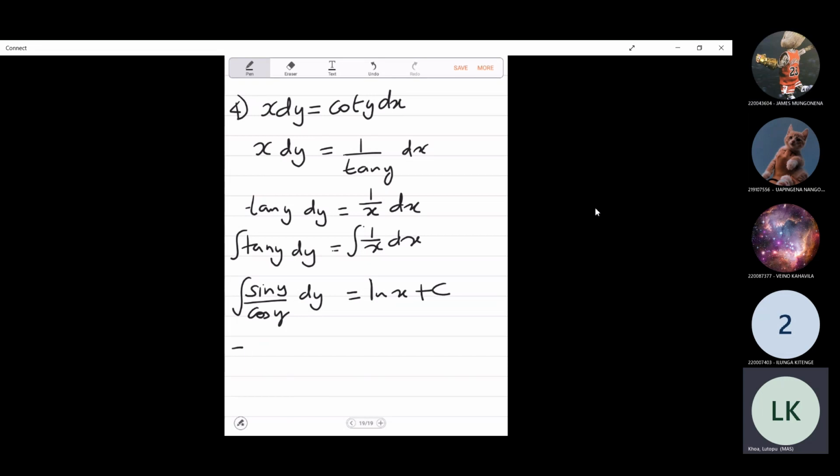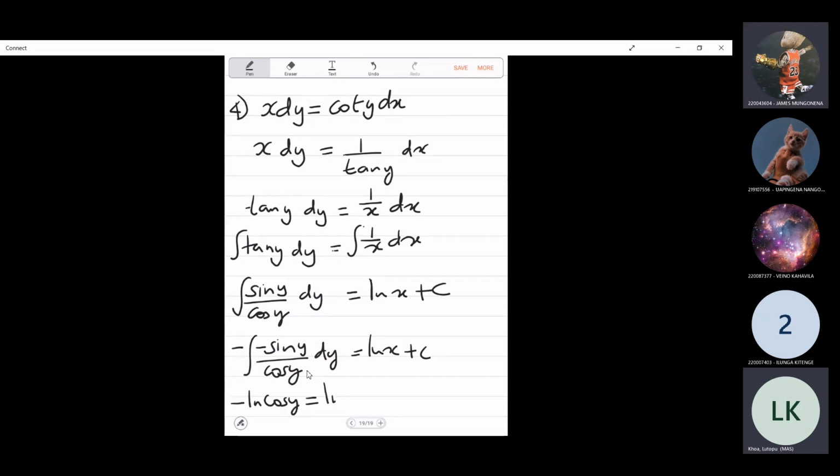So here negative sine y over cos y dy is ln of x plus c. And now minus sine y is the derivative of the denominator. So it's like I have 1 over u du. So this is minus ln of cos y is equal to ln of x plus c.